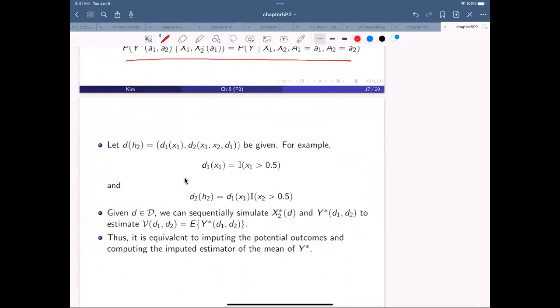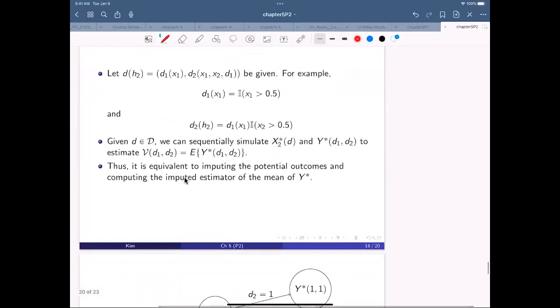So then the decision would be something like this. You have two decision functions: D1 of x1, and D2 as a function of the history of x1 and the other. So you could make it something like this.